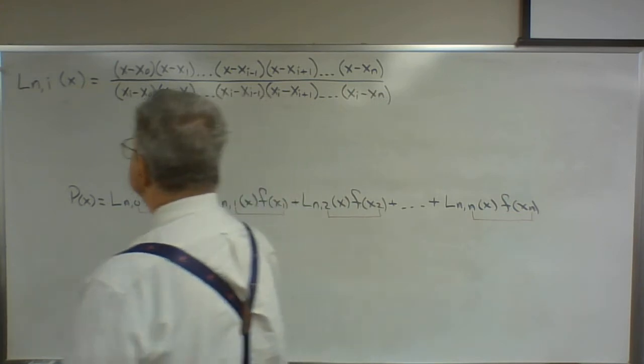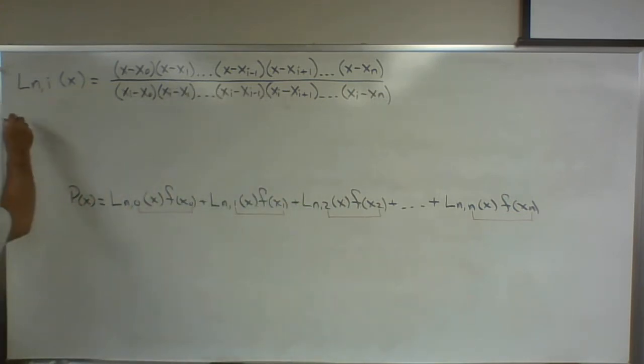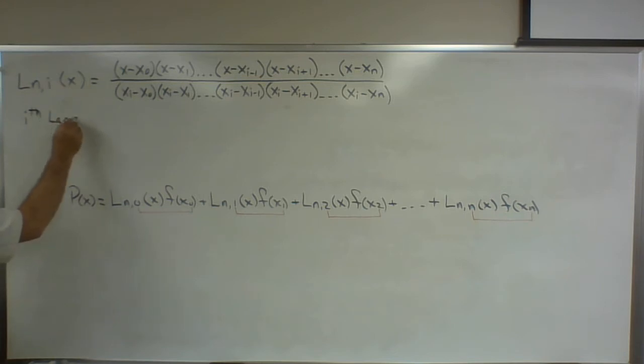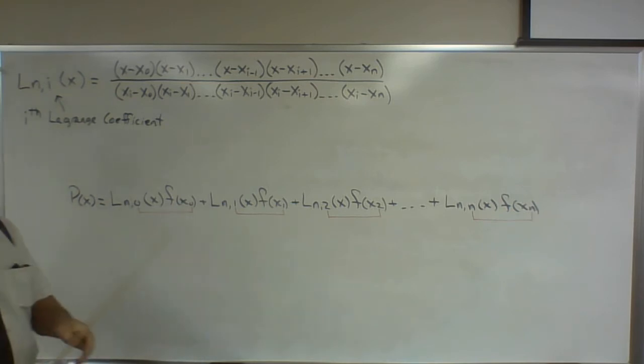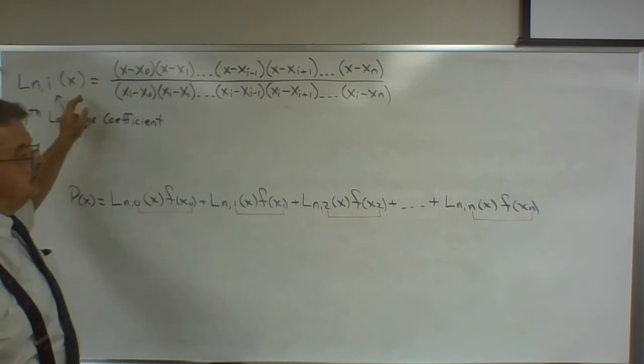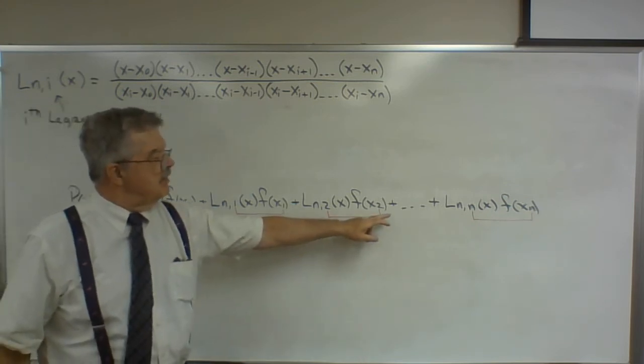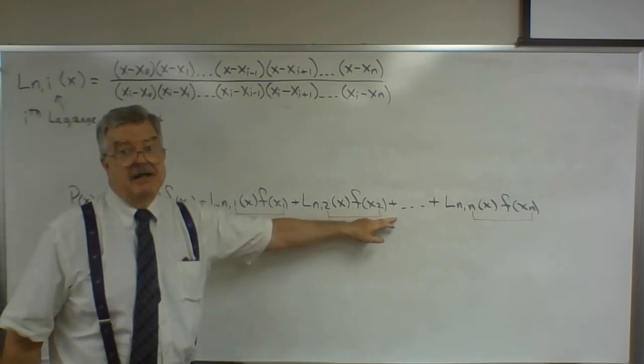And maybe I should just call it that. So this coefficient would be multiplied by f of x sub i.